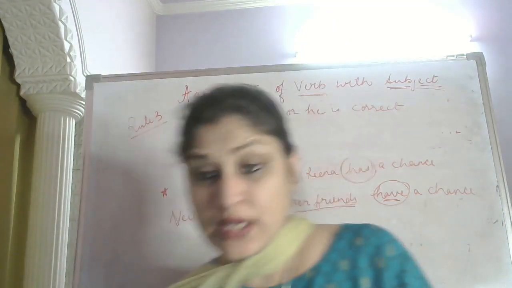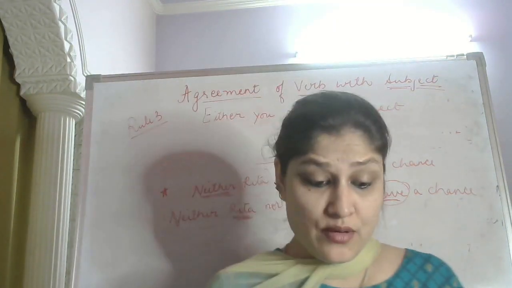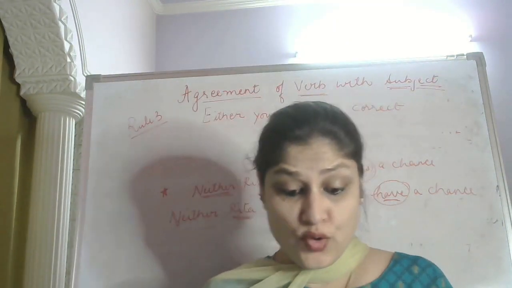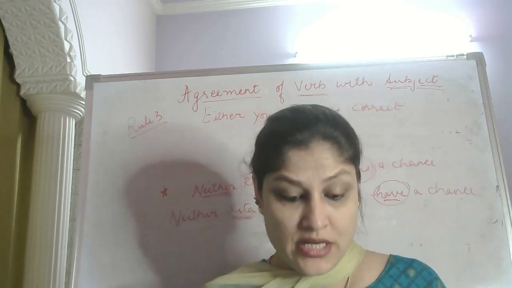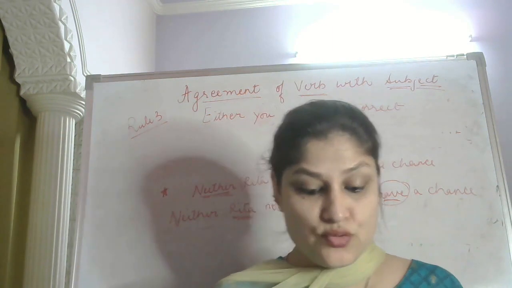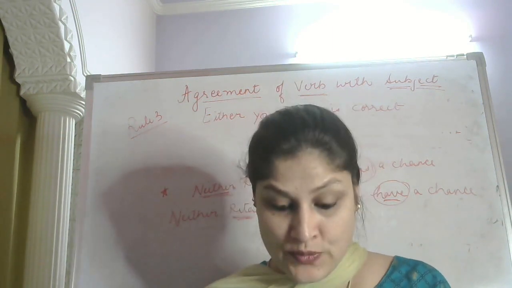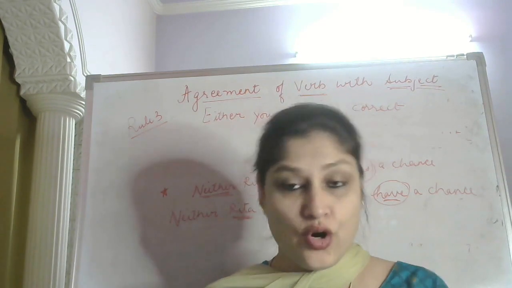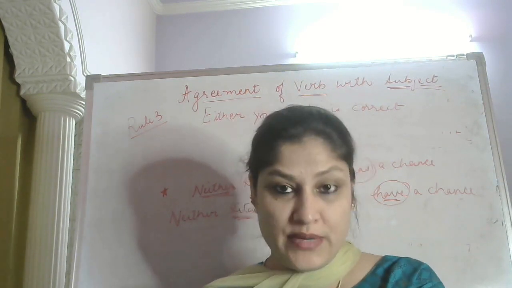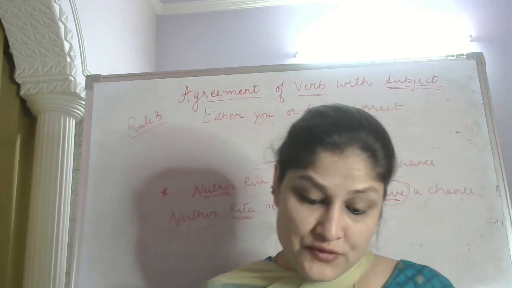Let's move ahead. Then after that, they're talking about mathematical computations. It says here, computations may take either a singular or a plural verb. 2 times 3 is 6. 4 and 4 are 8. It depends. They can either take singular or they can take plural. After that, there's another rule.